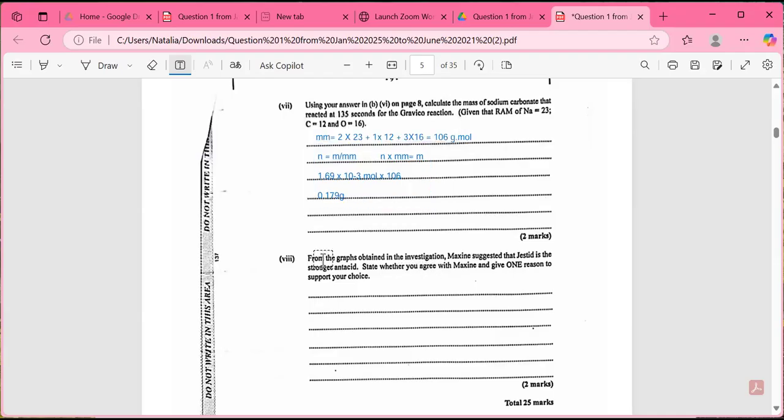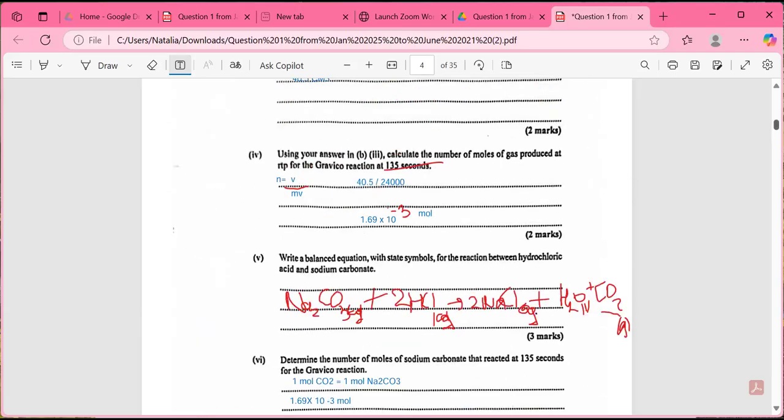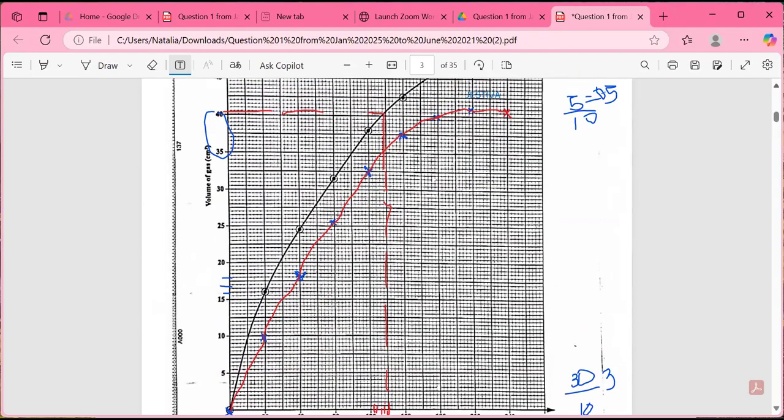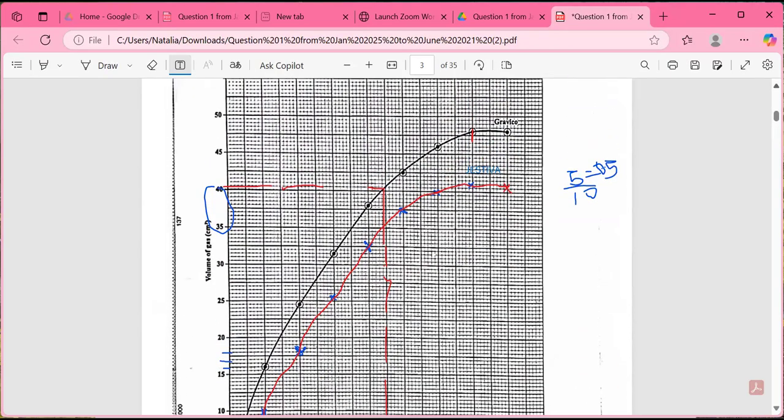Right. From the graph obtained in the investigation, Maxine suggested that Justid is the stronger antacid. State whether you agree with Maxine and give a reason for your choice. Do we agree with her? We're going to say no. Which one is the better antacid? See the graph here.